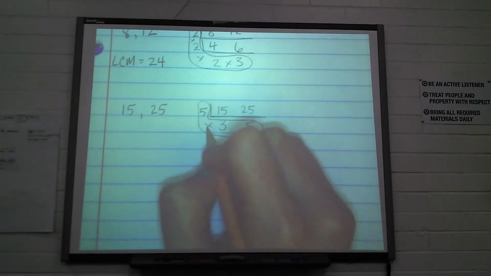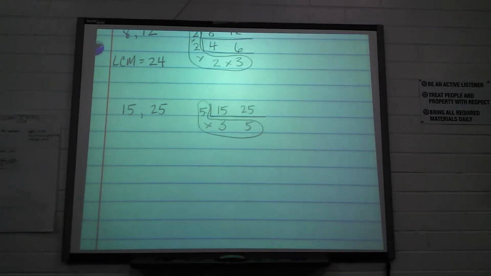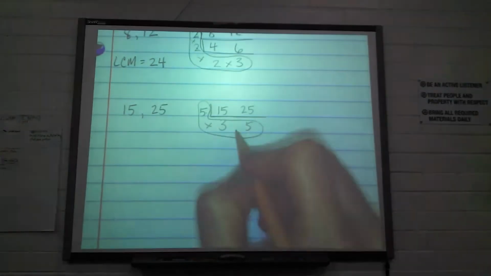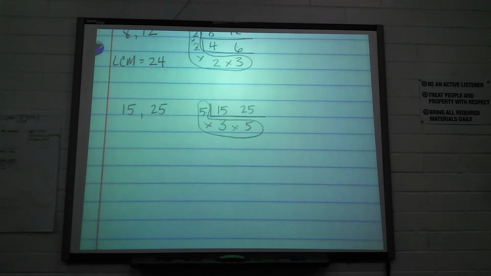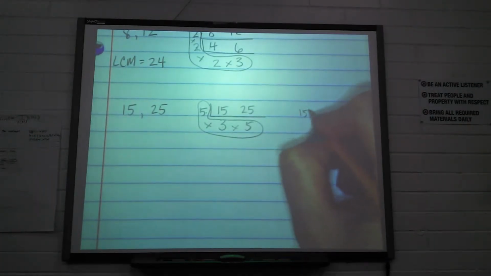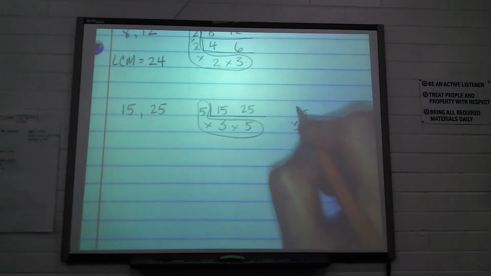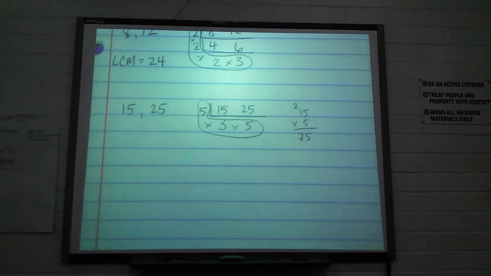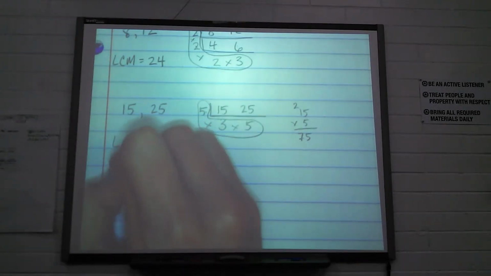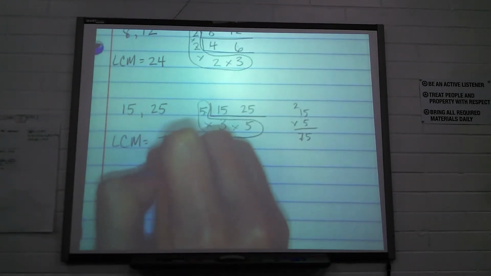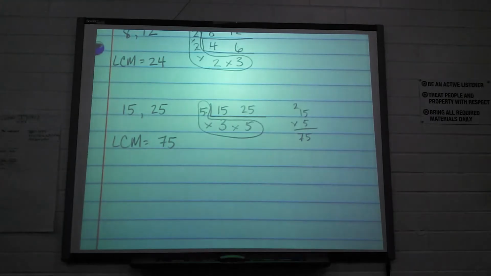Okay, so 5 times 3 is 15. 15 times 5 is, well, if we're not sure about that, let's just go off to the side. 15 times 5, 75. So the least common multiple between 15 and 25 is 75.